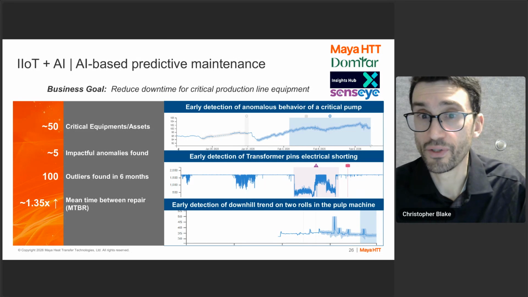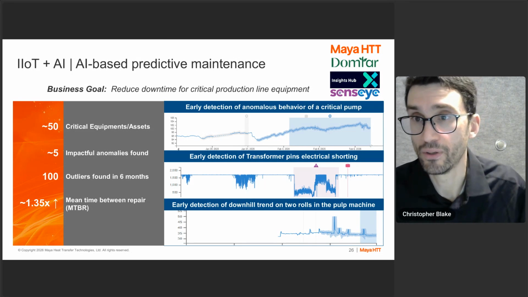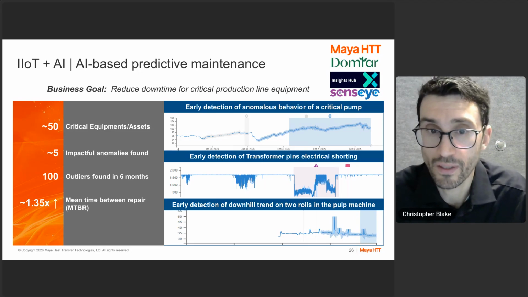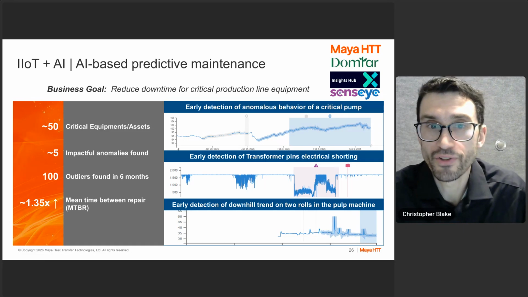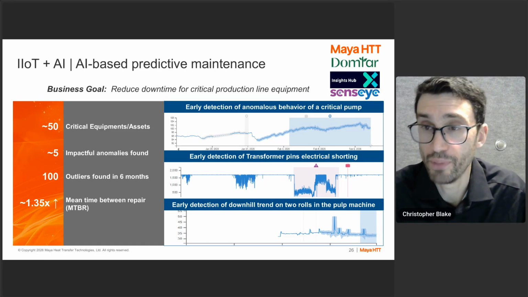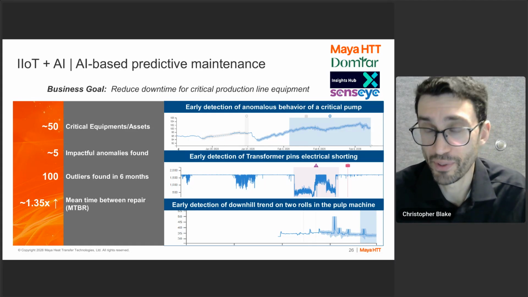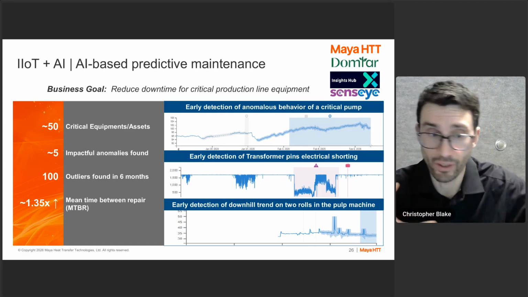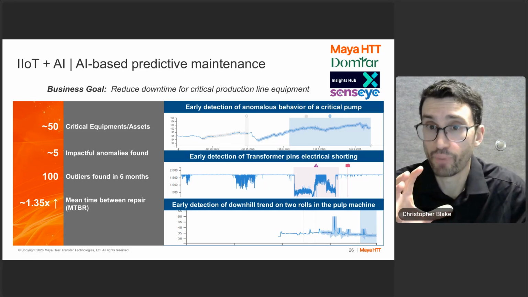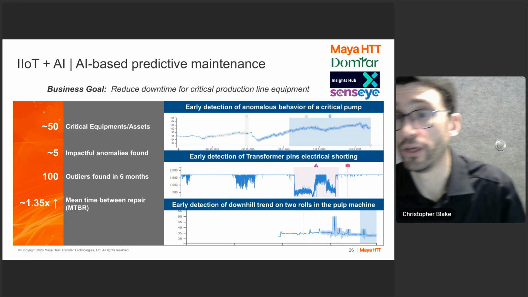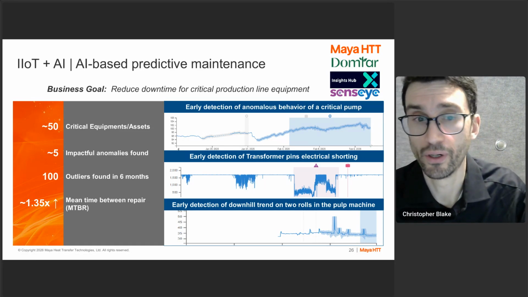This use case is also very interesting because it was implemented using a cloud IoT infrastructure called Insights Hub by Siemens. Not all solutions necessarily have to be in the cloud, of course. There are very capable industrial PCs that will operate within your private network and can operate right next to equipment and run AI models for predictive maintenance.